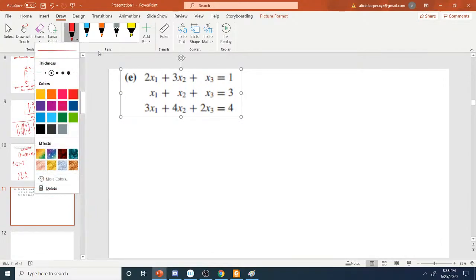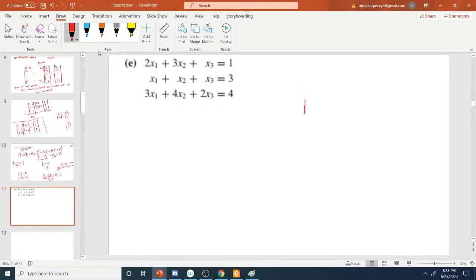The first thing I'm going to do is convert this into augmented matrix form. If I convert it into augmented matrix form, I'll have 2, 3, 1 here, 1, 1, 1 here, 3, 4, 2 here, and then 1, 3, 4 here.